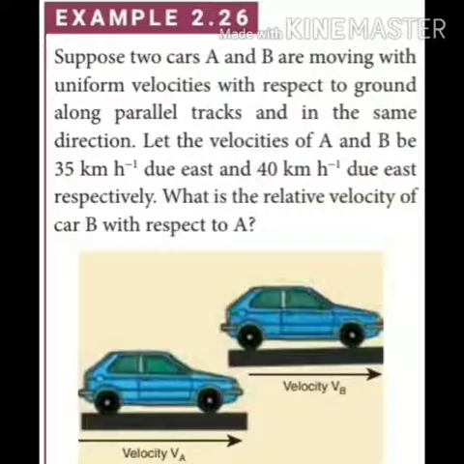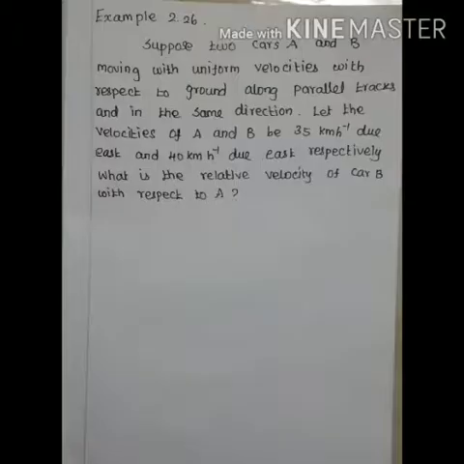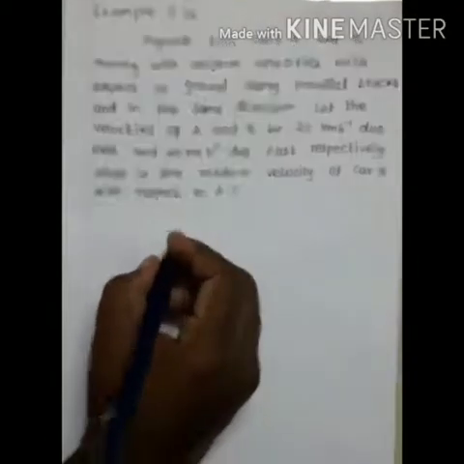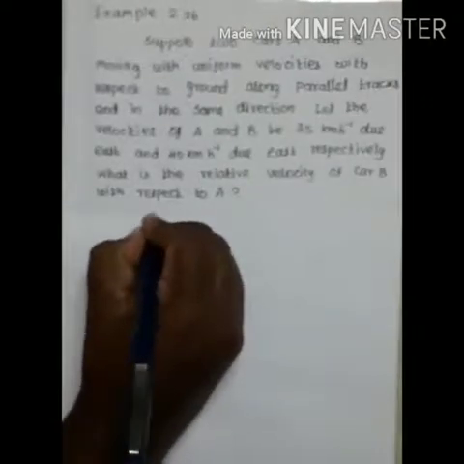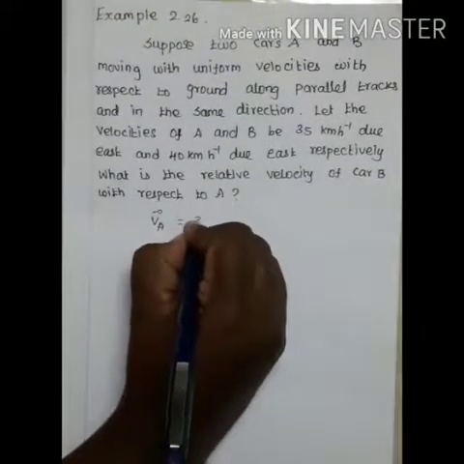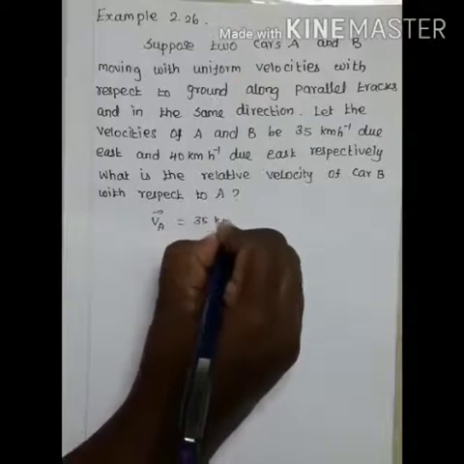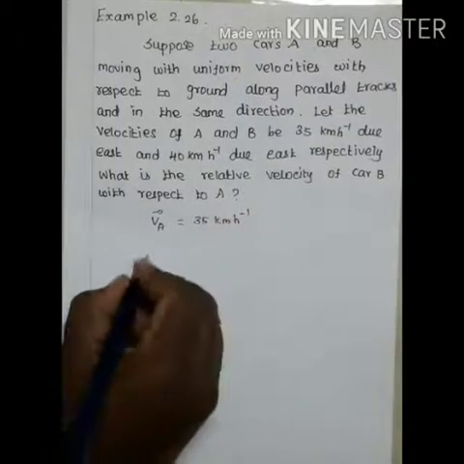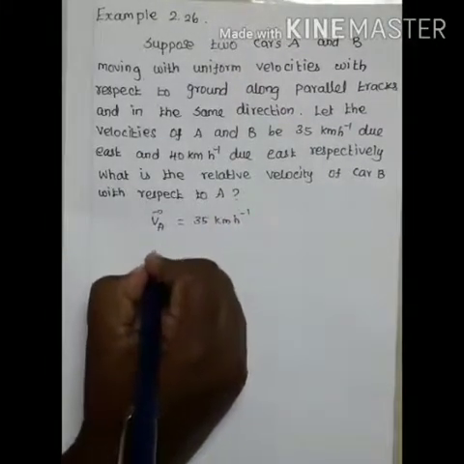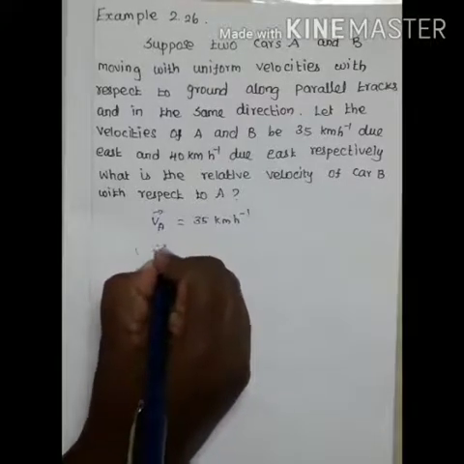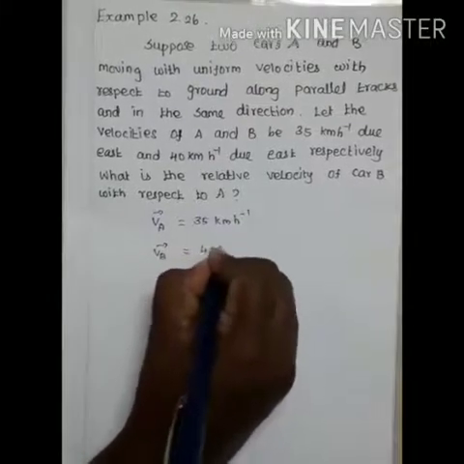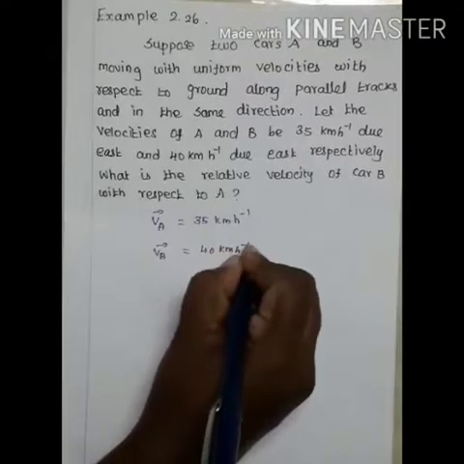One car travels 35 km, another car travels 40 km. The velocity of car A is v_A = 35 km/h, and the velocity of car B is v_B = 40 km/h.